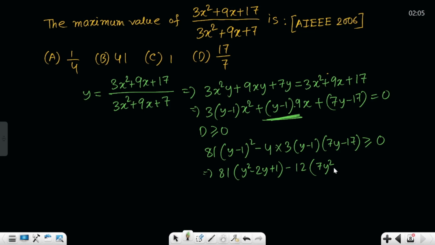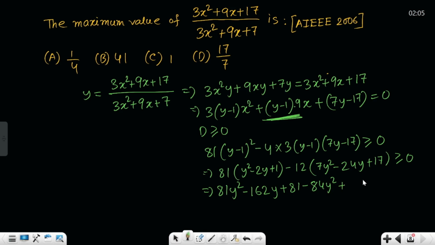So we will get 81y square minus 162y plus 81 minus 84y square.